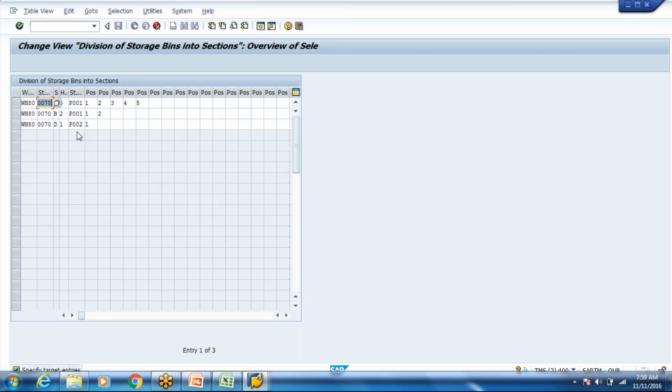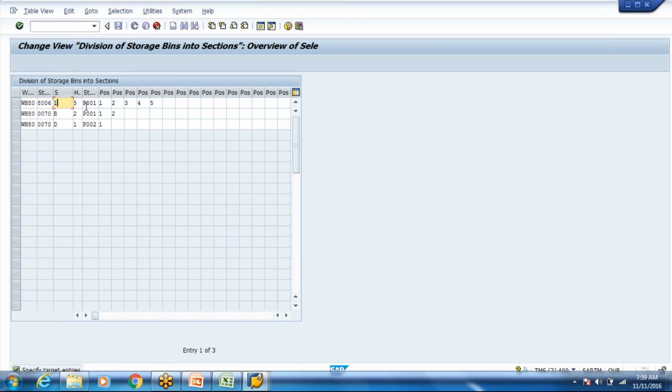What we are going to say is whenever the stock comes into 8006, section 1 means divided into just 1 and give a number /1.